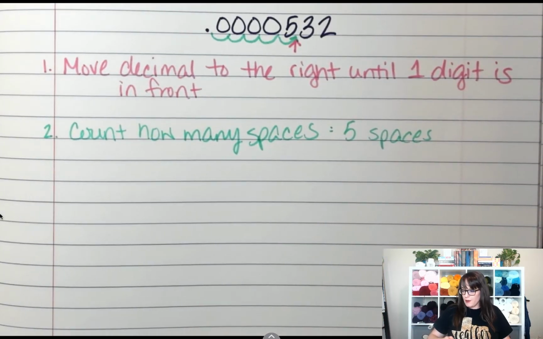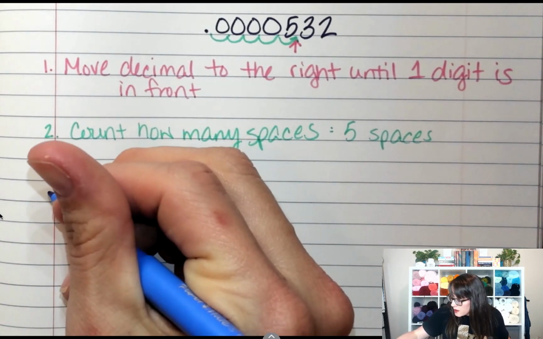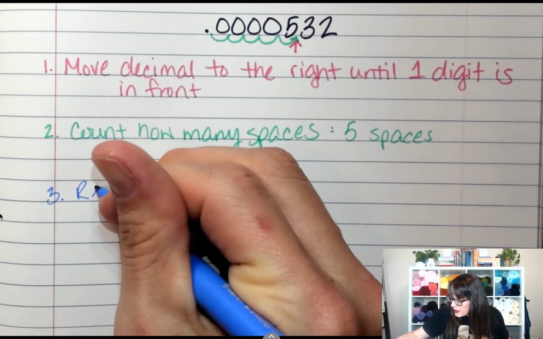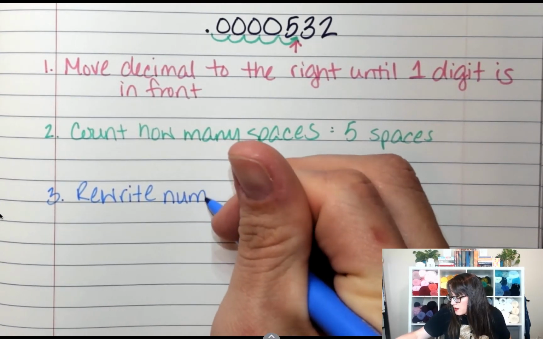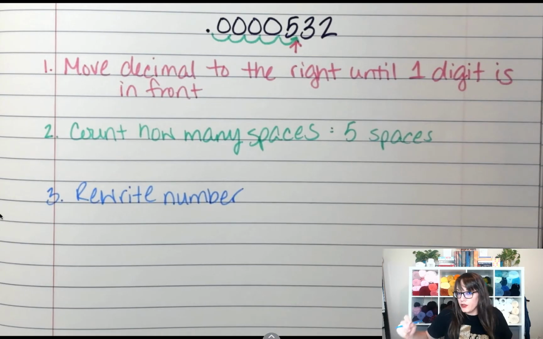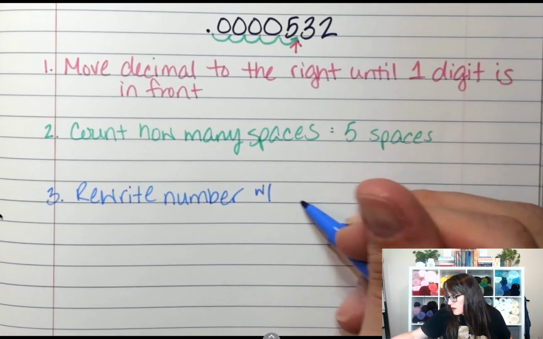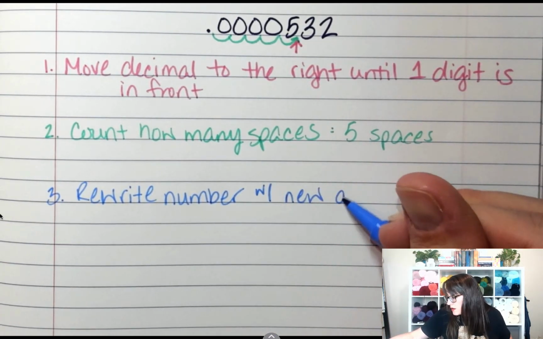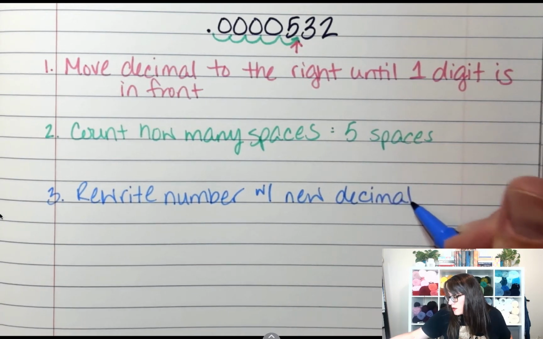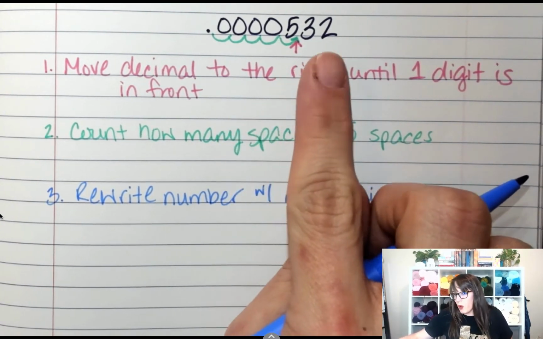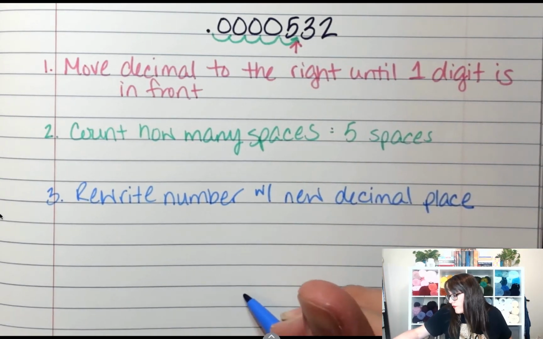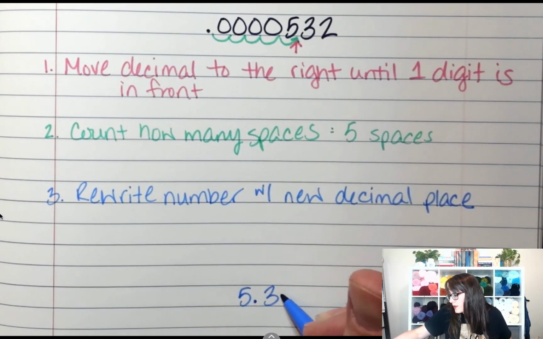So I'm going to rewrite my number with our new decimal place. So it's going to be 5.32.